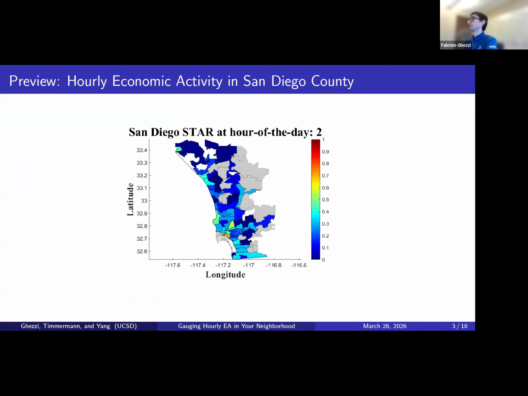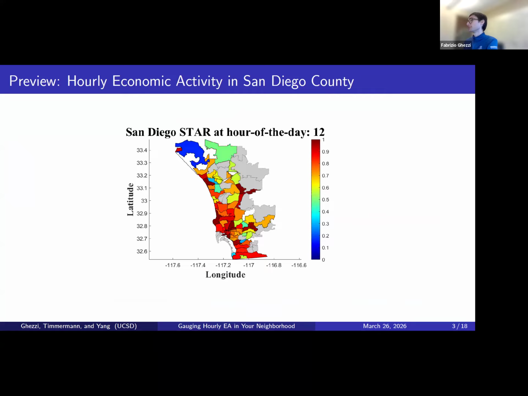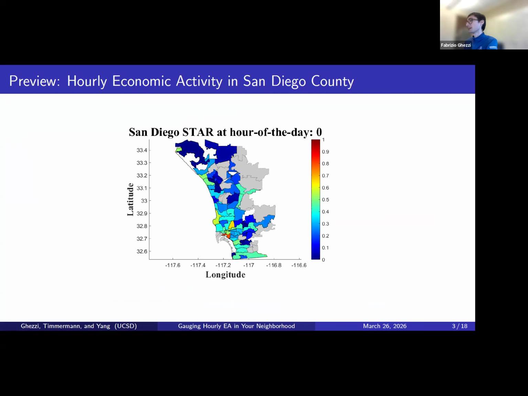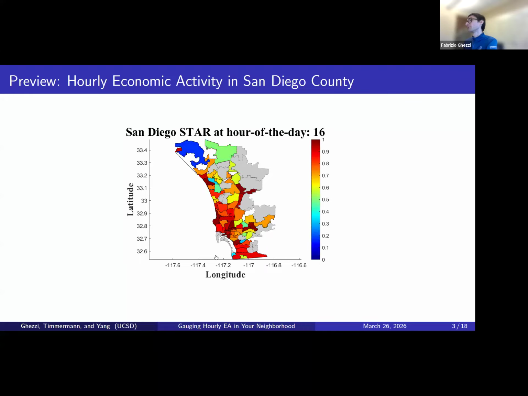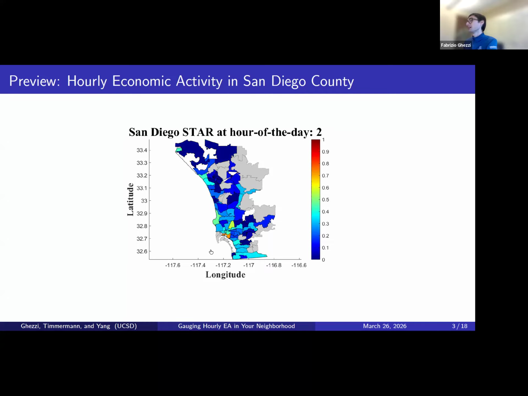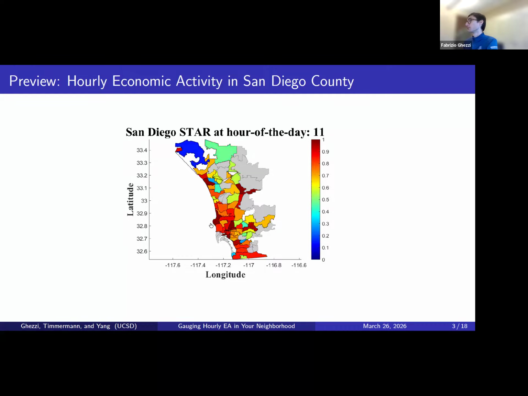This is going to be what we actually show. This plot shows the economic activity in San Diego County, which has more than 60 zip codes. It shows the variation in time and in the hours of the day. As you can see from this star plot radar, there's a lot of variation both in space and in time. You have to read this in a way that blue means low economic activity and red means high economic activity.